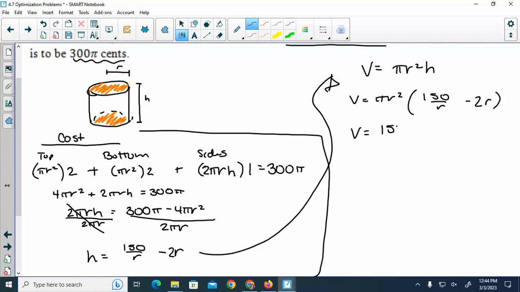So I get 150 pi r minus 2 pi r cubed. Then how do we find the maximum or minimum? Derivative equal to 0. R is my variable here. The 150 pi is just coefficient. So we have 150 pi minus 6 pi r squared plus 0.